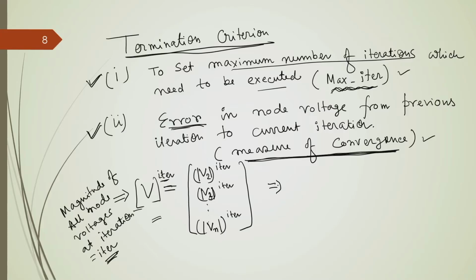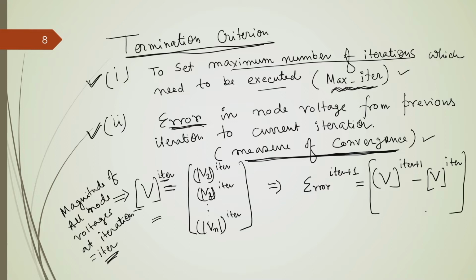Similarly, for any iteration you compute that, and then in order to find out the error at any particular iteration, let us say iter plus 1, it is basically equal to V iter plus 1 minus V iter. Then whatever you get, you will take the absolute value and you will take the max of that.